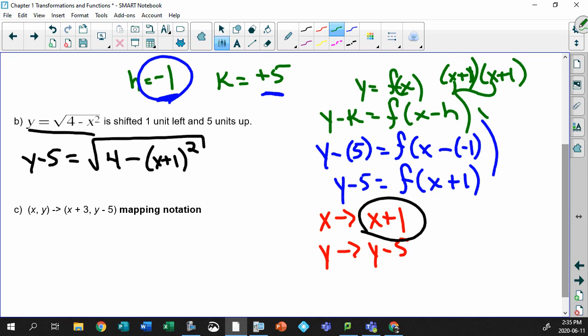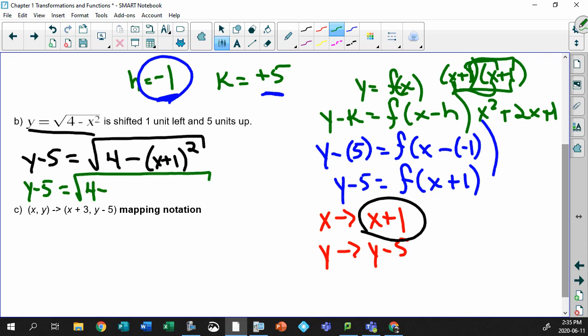FOIL it, you got your x squared plus x, so this is 2x plus 1. So check this out. This becomes y minus 5 stays the same, equals the square root of 4 minus x squared plus 2x plus 1. Distribute the negative. Boom, boom, boom, right?